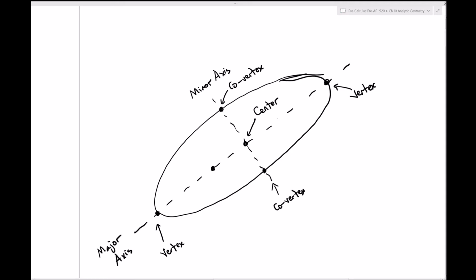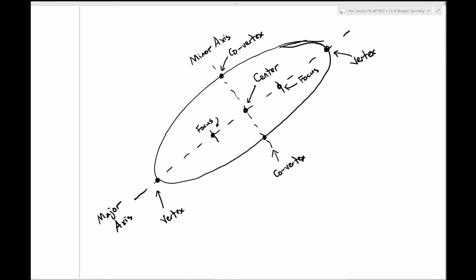You have to be careful where I draw them, because I don't know enough about this ellipse to know where they're going to be. These two are the foci. So that's a focus, and this is another focus. Those are the major characteristics of an ellipse.